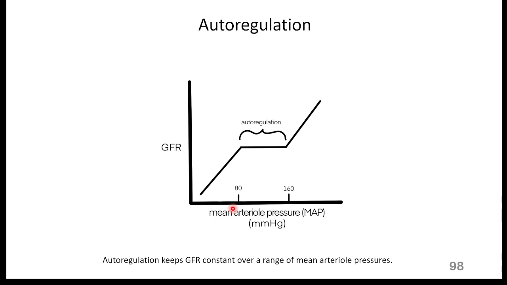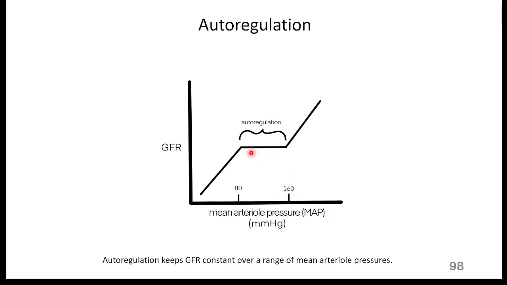So this shows that autoregulation is able to maintain GFR at a constant or near constant level when systemic mean arterial pressure ranges from 80 to 180. Most authorities say 80 to 180, so just disregard the 160 here.